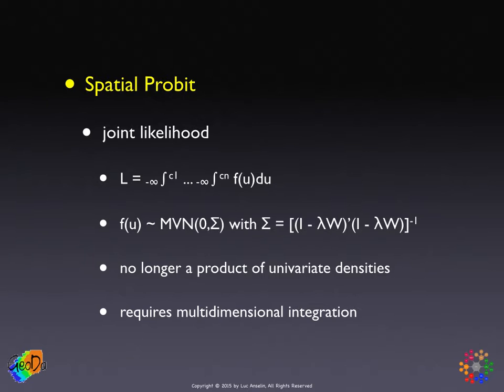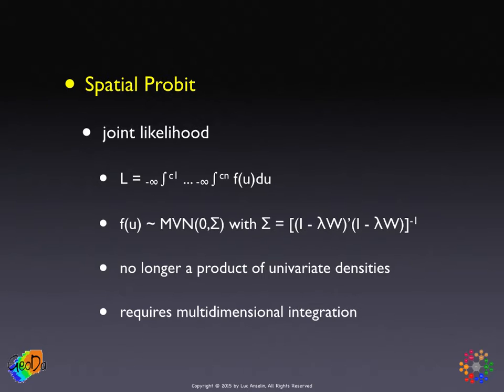It cannot be emphasized enough what a difference this is, because in the standard case we simply deal with univariate densities, which is easy to do. In the spatial case, we're out of luck. We cannot do that anymore. The full n-dimensional integral needs to be evaluated for all the bounds, the bound for each of the observations, and applied to a multivariate normal random variable with the variance covariance matrix induced by the spatial autoregressive process.